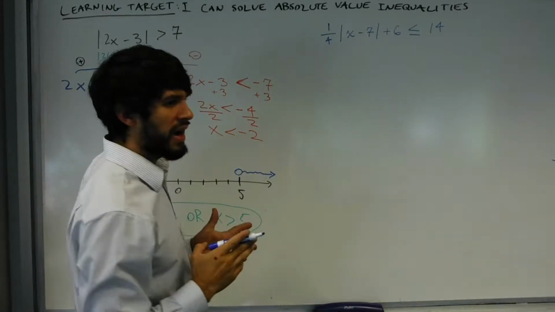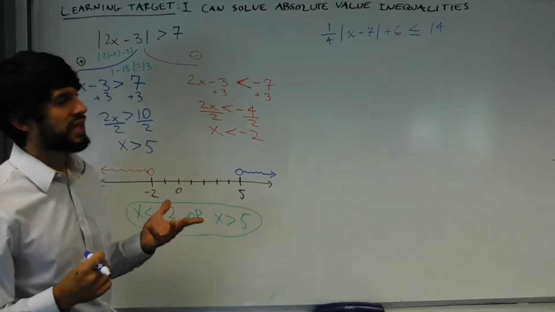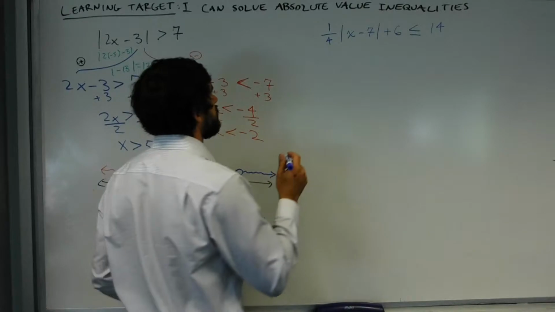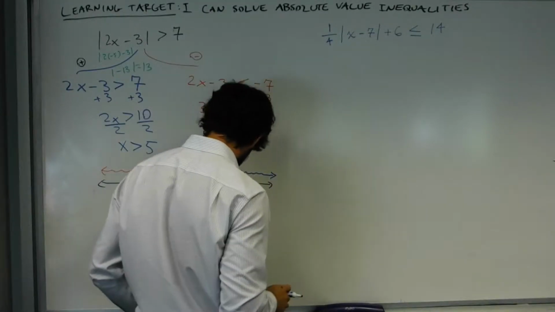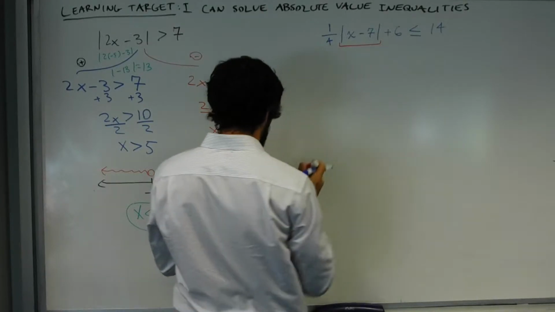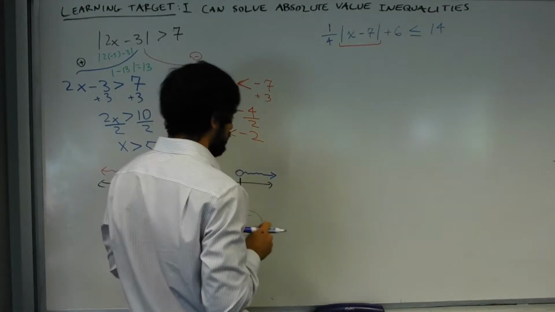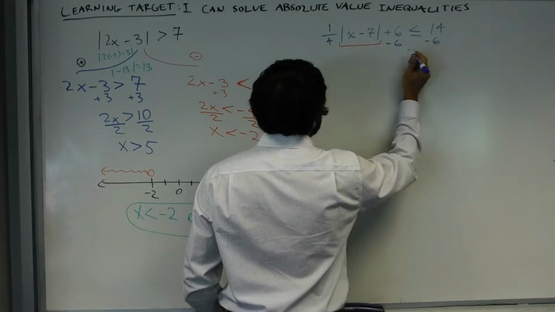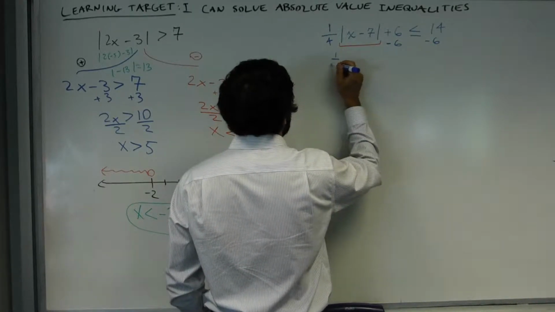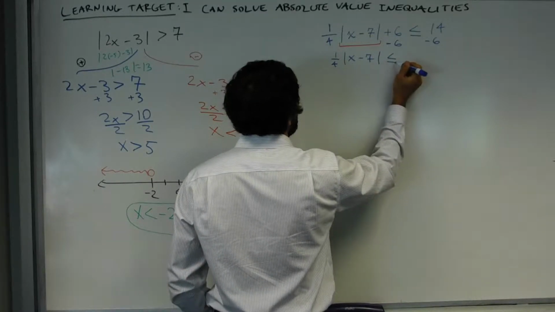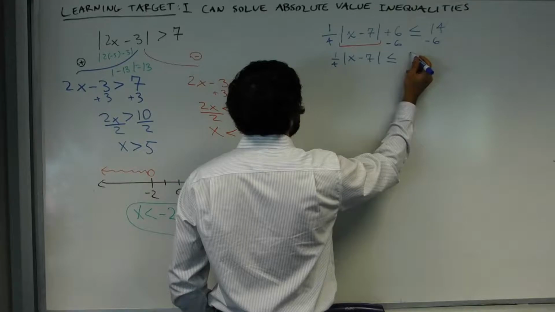We're going to start out with what's always our first step: we want to isolate the absolute value. So here we have a little bit of work to do. Our absolute value is here. The first thing I would do is subtract 6 from each side. You get 1/4 times the absolute value of x minus 7 is less than or equal to 8.